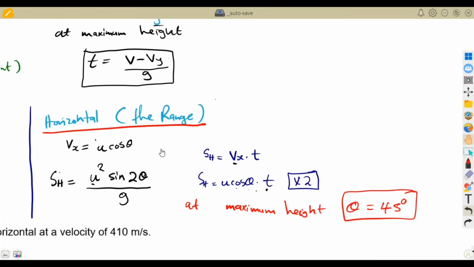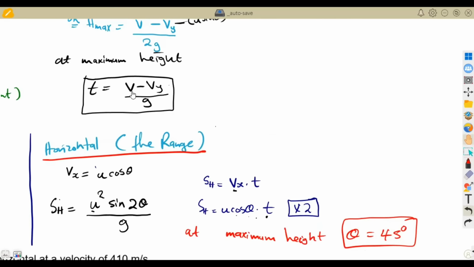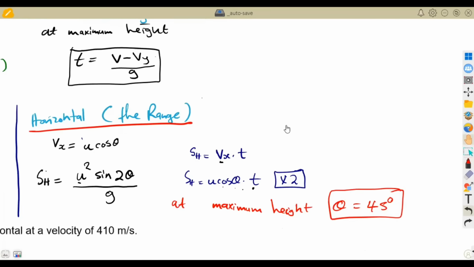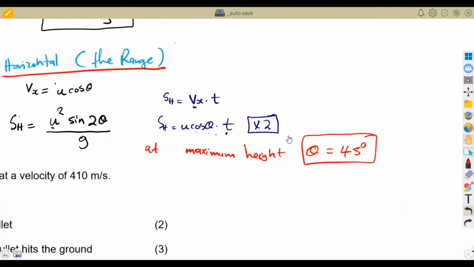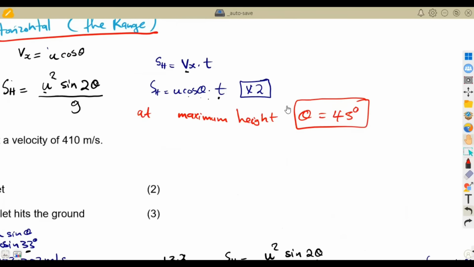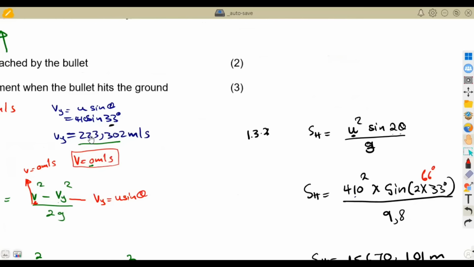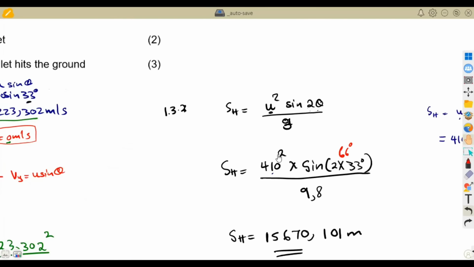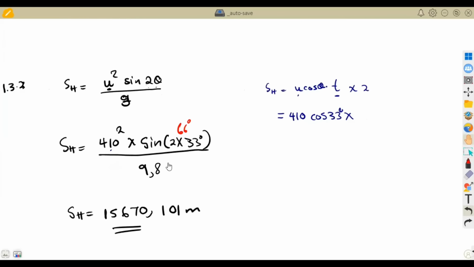I listed it here, that at maximum height, we are going to have V minus Vy over G, meaning to say we are going to need the Vy that we calculated before. We calculated that one, it was here, 223,30. This is the one that we are referring to as Vy, for us to have this time.